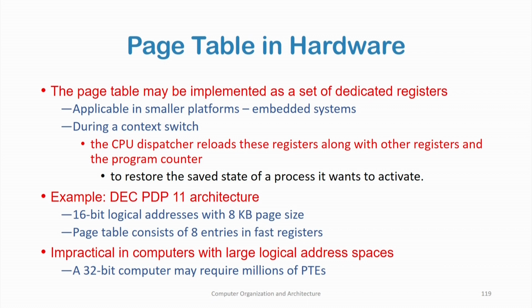An example of such hardware implemented page tables is the DEC PDP-11 architecture. The DEC PDP-11 architecture is a 16-bit small computer. So, it has a 16-bit logical address space with 8 KB page size. If it is an 8 KB page size, the offset part of the virtual address is 13 bits, since 2 to the power 10 into 2 to the power 3 is 8 KB. So, 13 bits is the size of the page offset part in the virtual address.